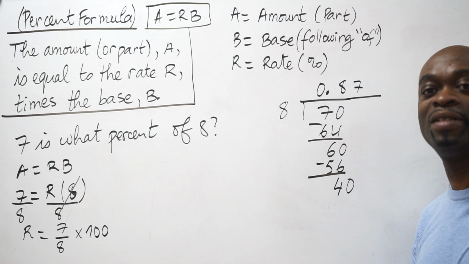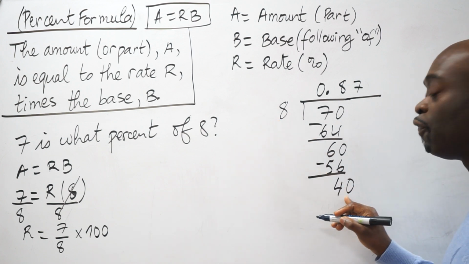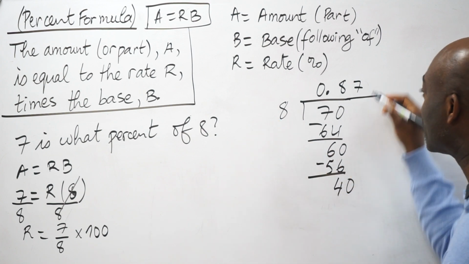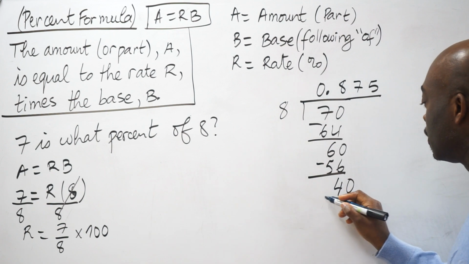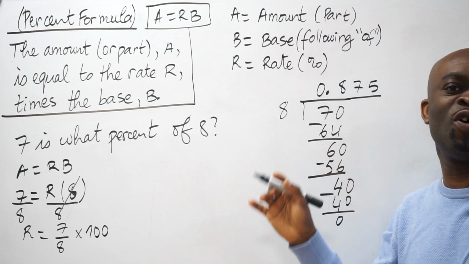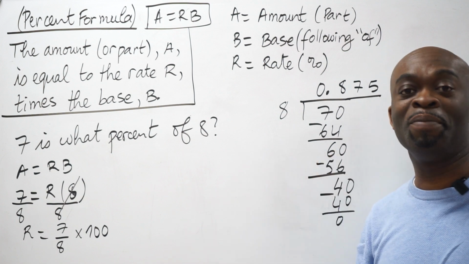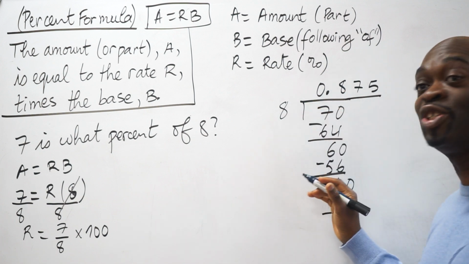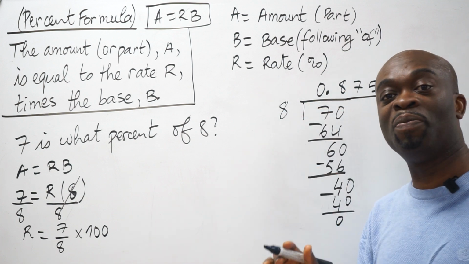Then we add again the 0, and 8 goes into 40 how many times? 5 times, because 5 times 8 is 40. We subtract and end up with 0. This is just to remind ourselves how we do division so that we can get the decimals. Very important concept.